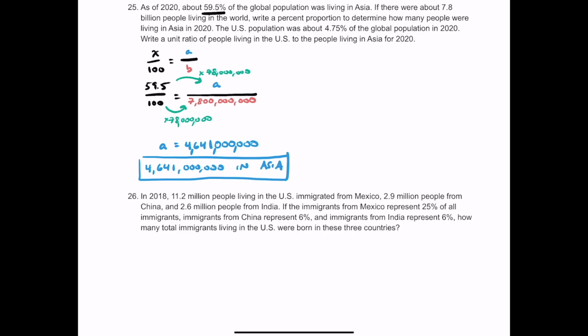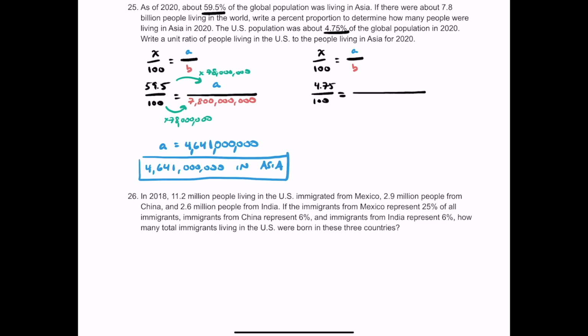Now, looking ahead at the US population, I think this is US or North America, I forget which one, but this is pretty close. Using our percent proportion, let's go ahead and take this. Same format, okay? Except this time our percent is 4.75%. So we'll say 4.75%, that's out of 100, and the total is going to be the same, right?